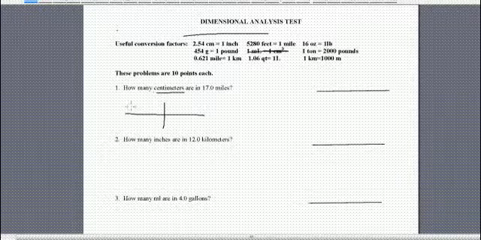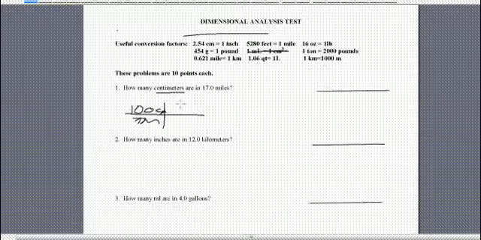I know that centi means 100, so I have 100 centimeters per 1 meter. I know that there are 1 meter, there are 1.621 meters, and scratch that.